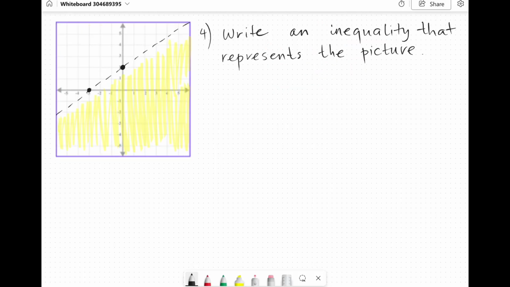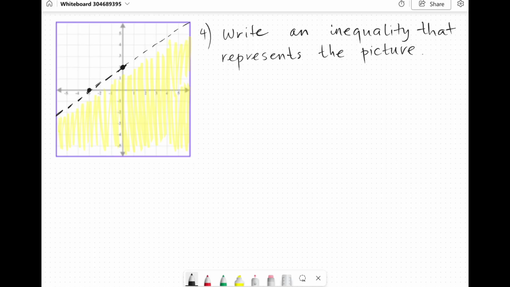Here's the final question. This one is asking you to create an inequality that will represent the picture. We will start by creating the equation for the graphed line, this line right here. And once we have the equation, we will then change it into the inequality.